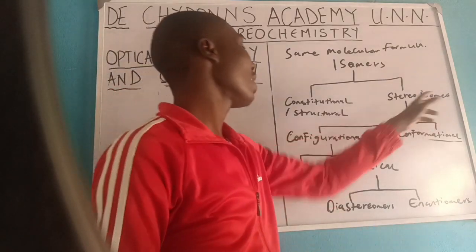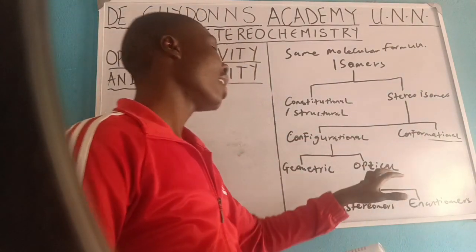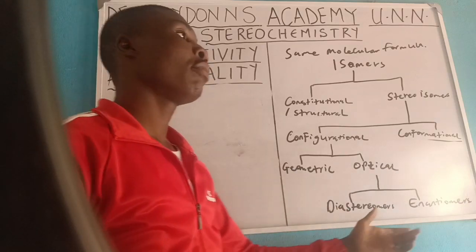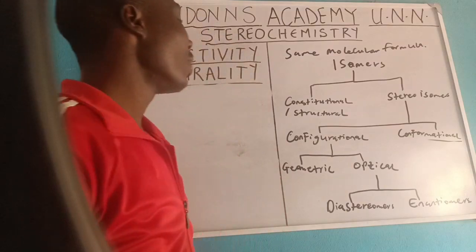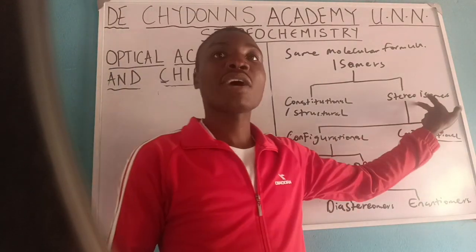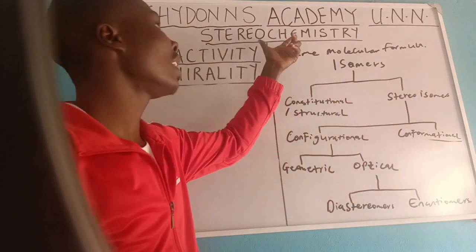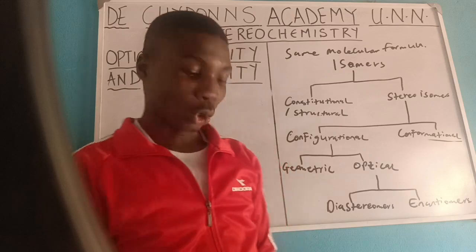Under stereoisomers, we have configurational, conformational, geometric, and optical, and under optical, we have diastereomers and enantiomers. As we make progress in this lecture, you are going to understand these different isomers under stereoisomers, which is the basis on which you are studying stereochemistry and optical activity with regards to drug molecules.